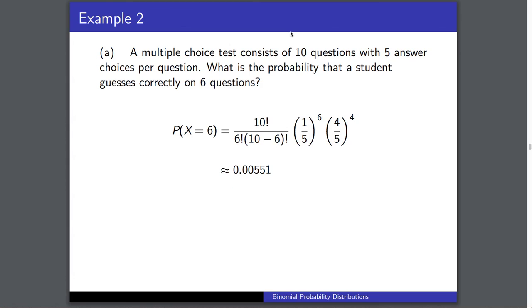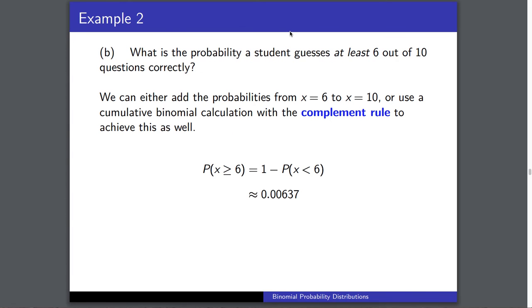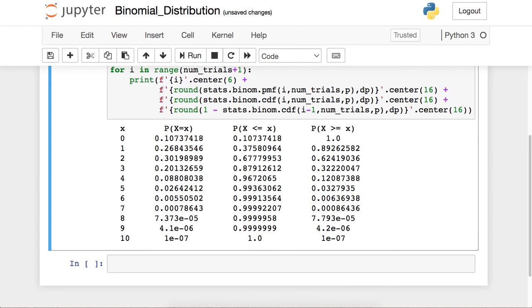Now for this one, getting at least 6 out of 10 means the probability is 6 or more. If we take a look at the probability of 6 or more, in this last column I have x is greater than or equal to that value. So if we look at the 6 again and just look at this row, the probability that we get 6 or more questions correct is 0.0063.